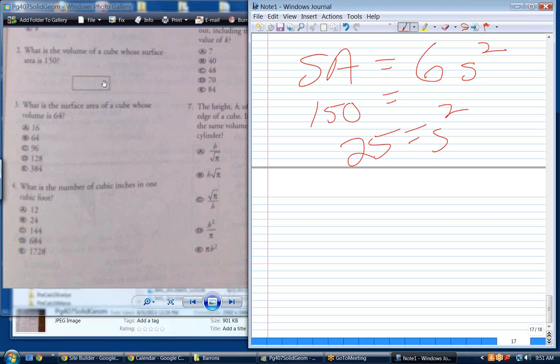And what's then the volume? So the volume is 125. Okay, good. It's a funny question. Sorry, I started looking at the wrong problem.